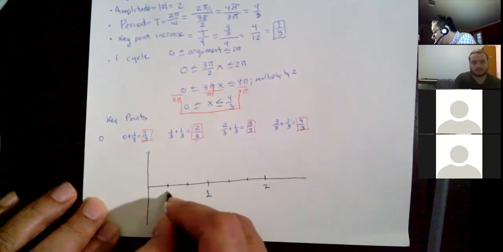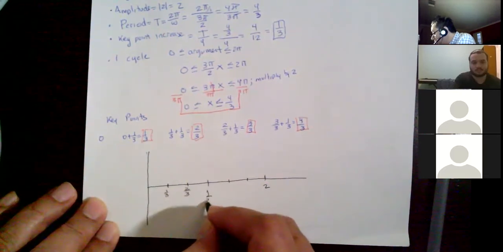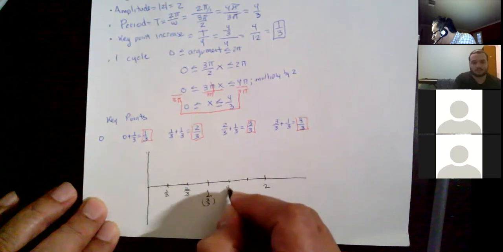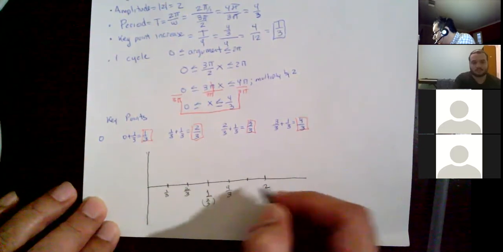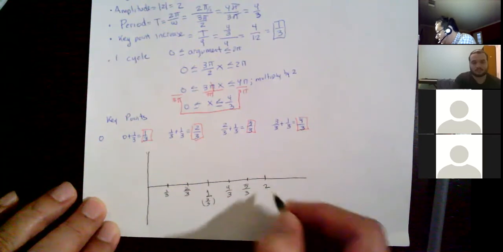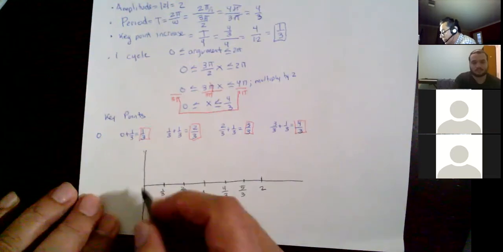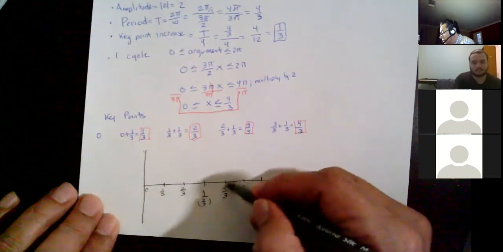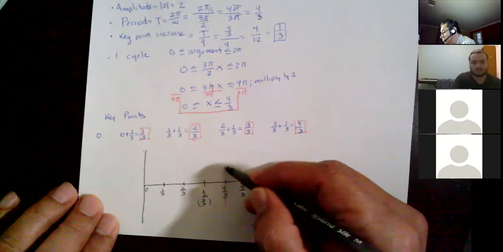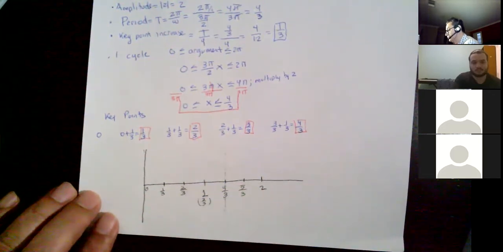So this is 1/3, 2/3, 3/3 right here, 4/3, 5/3, and 6/3, which is 2, right? So the graph is gonna go from 0 to 4/3 right here. That's where we're gonna stop right here.